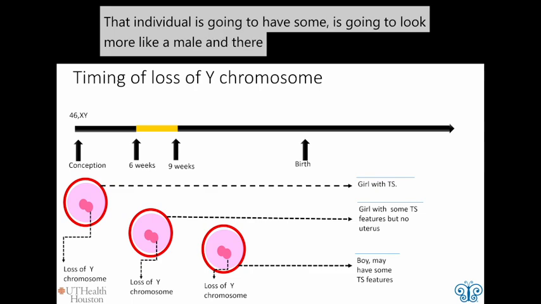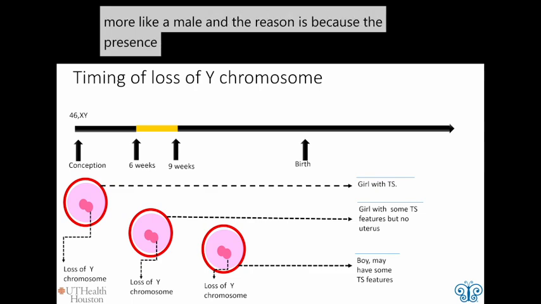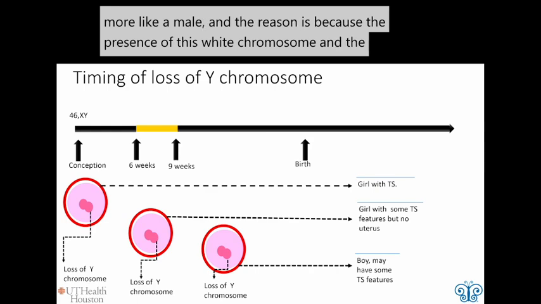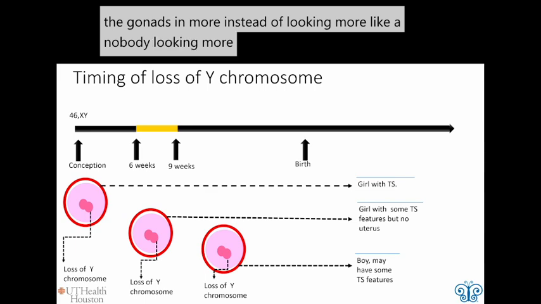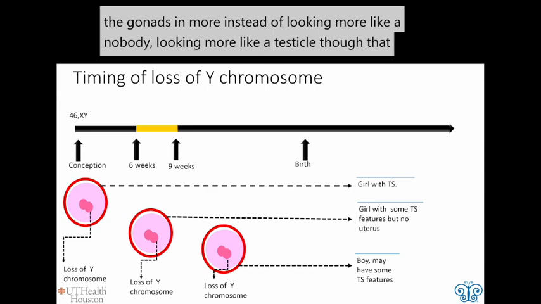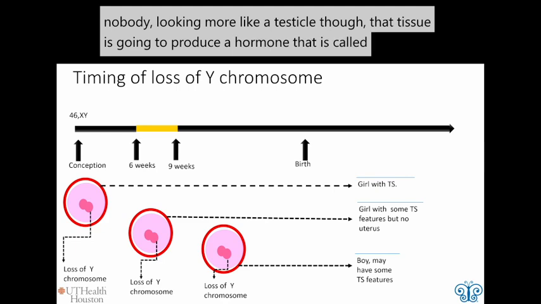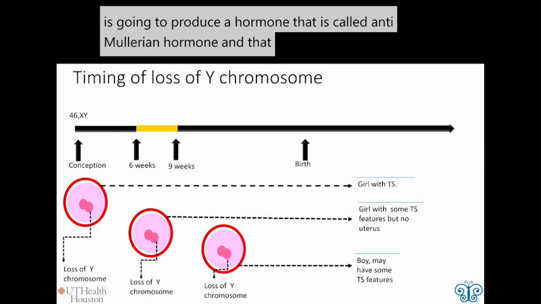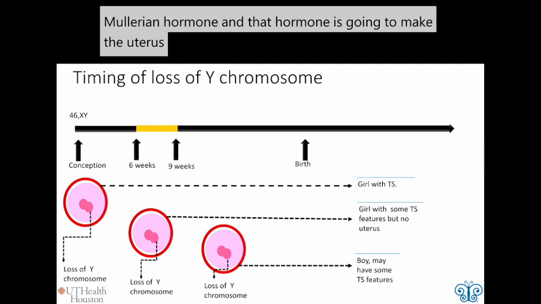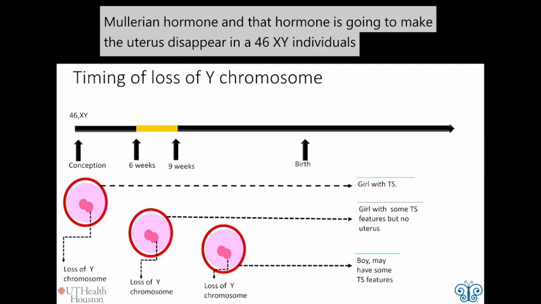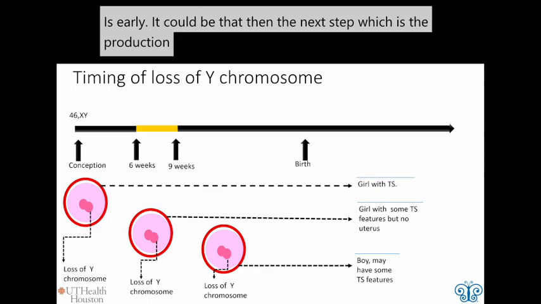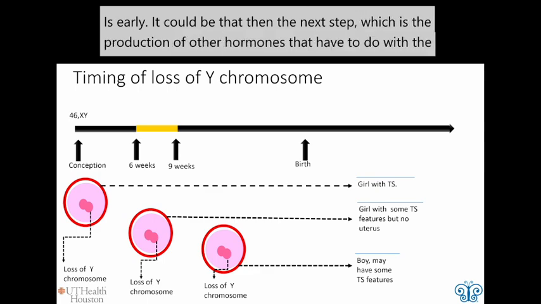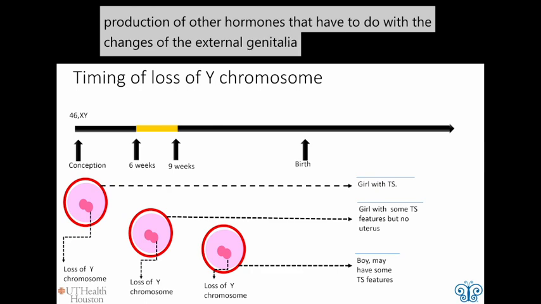The reason is that with the presence of this Y chromosome, the gonads look more like a testicle instead of an ovary, and that tissue produces a hormone called anti-Mullerian hormone, which is going to make the uterus disappear in a 46XY individual. If it's early, then the next step, which is the production of other hormones that change the external genitalia, is not going to happen.